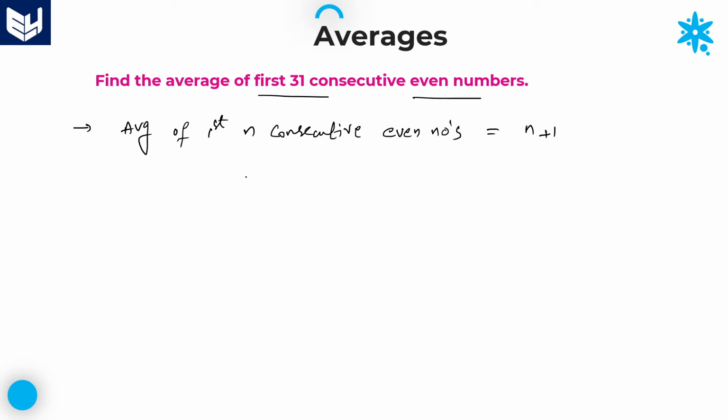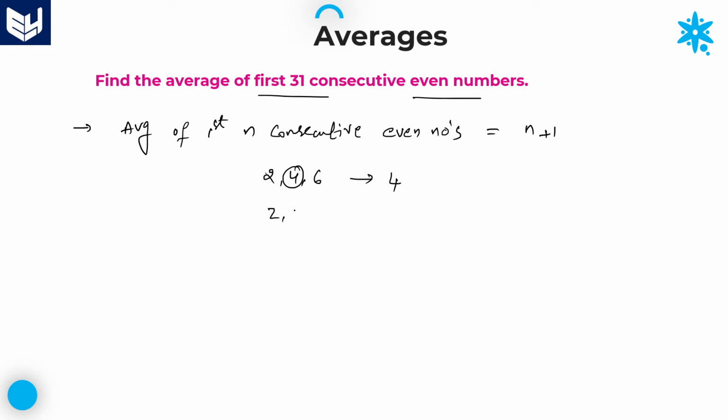If you take one example, as we are talking about first n consecutive even numbers, let us take first 3 consecutive even numbers 2, 4, 6. Average is equal to the middle number 4.